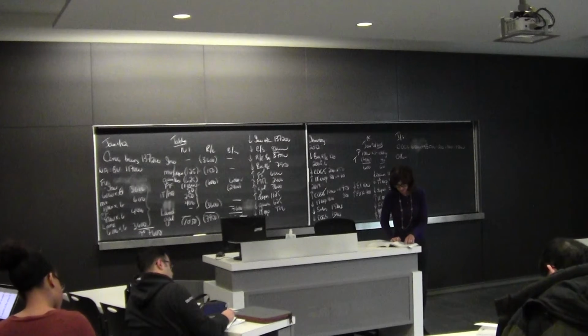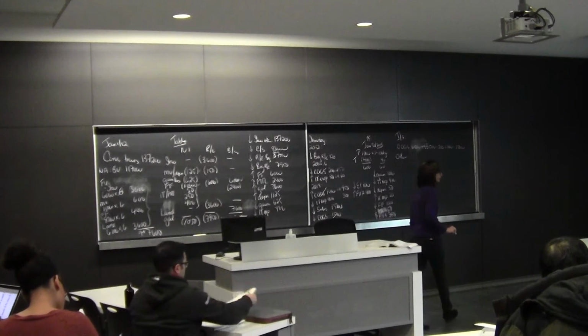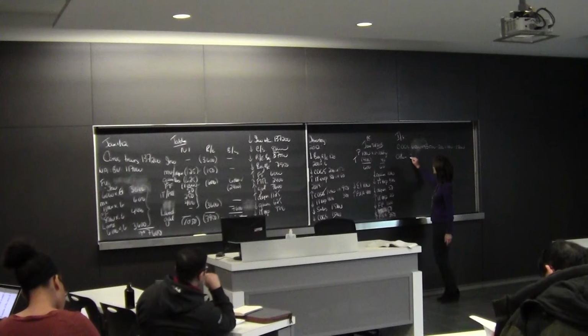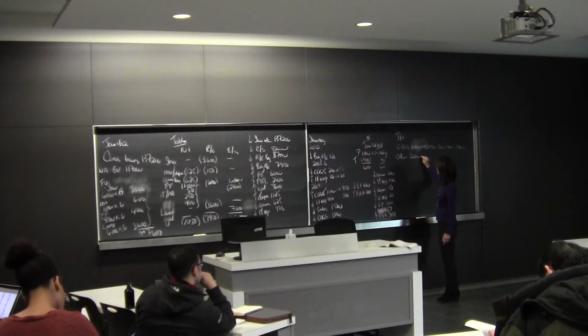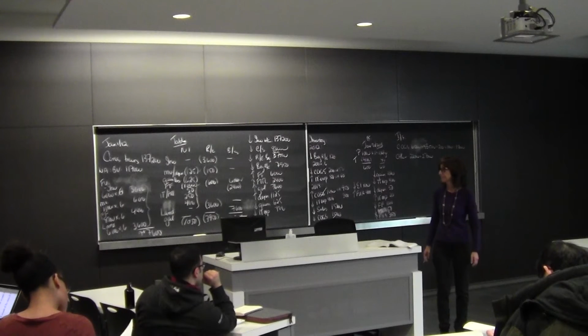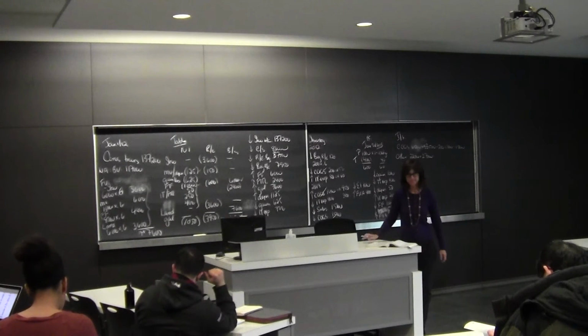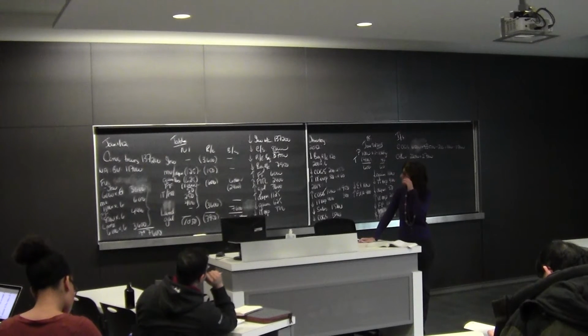What are we going to do here? P plus S, 22,000 plus 27,000. Then what? Depreciation expense.